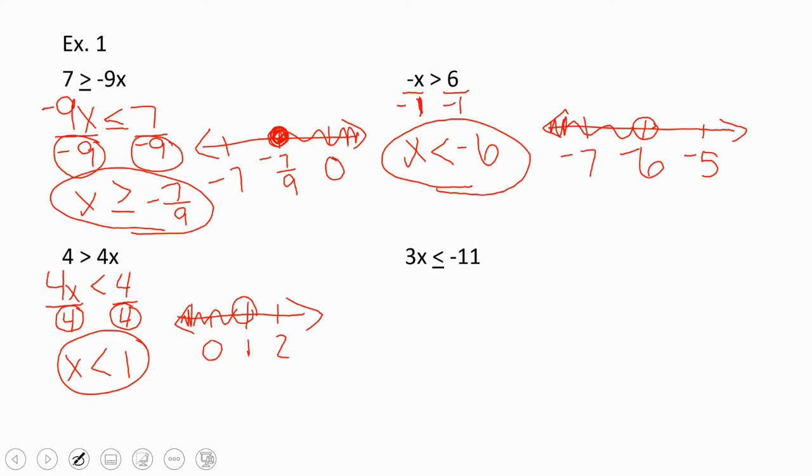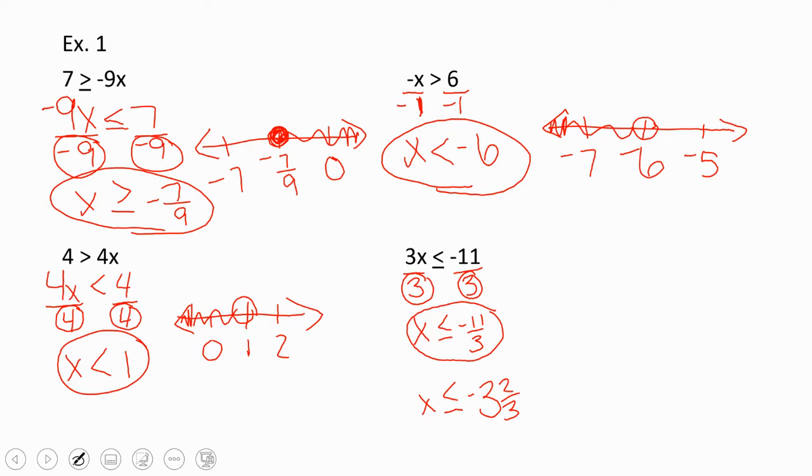Okay, variable's already on the left. It's 3 times x, so I'm going to divide both sides by 3. 3 divided by 3 is 1x. I get negative 11 thirds. I divided by a positive, so I keep my sign the same. Now, I'm pretty sure GMM will accept improper fractions, but you can also make this a mixed number.